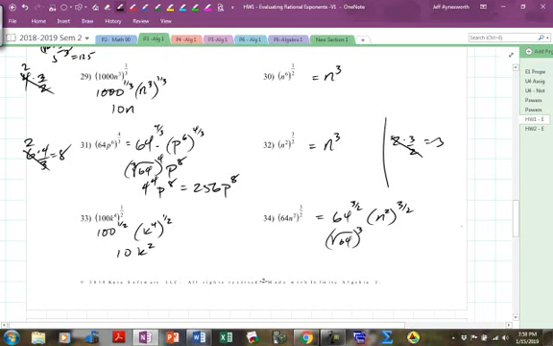A little side work here, 2 times 3/2 is 3, so times n cubed. The square root of 64 is 8, but then you have to cube it. Holy cow. So 8 cubed, what's that? 8 times 8 times 8, 64 times 8, that's 480 plus 32, looks like 512. So 512 times n cubed.